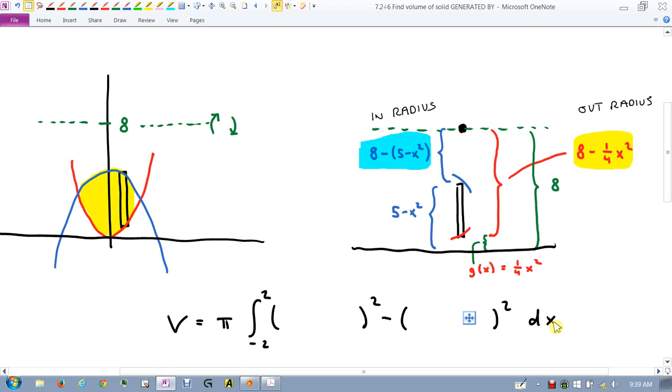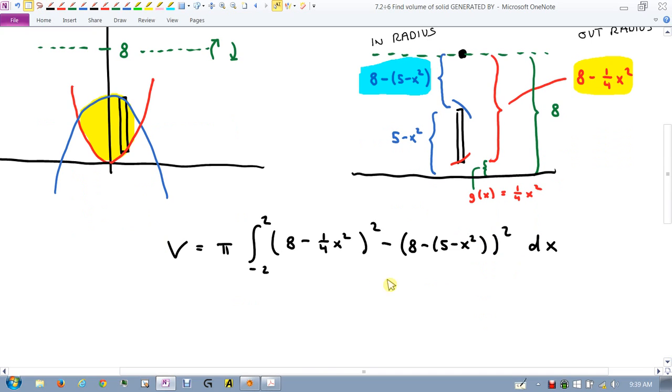What do we have? Just plug them in, right? 8 minus 1/4 x squared, and then 8 minus (5 minus x squared), but then all of that squared. And this would be a polynomial again. You would just expand everything out, get a result.